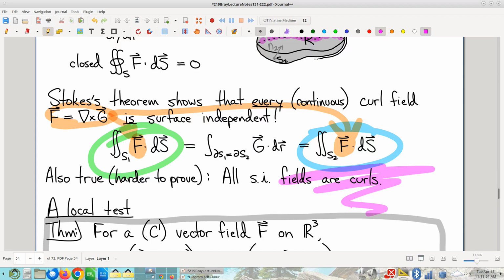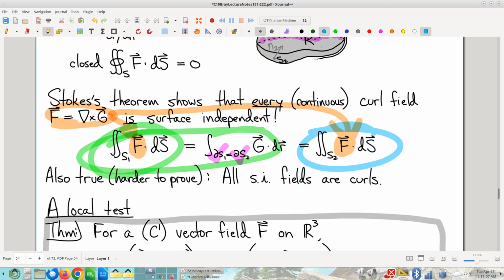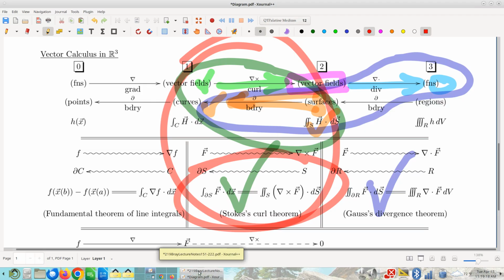Again, flux of a curl, Stokes' theorem tells us, is a line integral on the boundary. And because they have the same boundary, these green and blue integrals are computed by the same line integral, and therefore they're equal, and therefore we have shown surface independence. So as the diagram predicts, yes, Stokes' curl theorem is what shows curls are always surface independent.